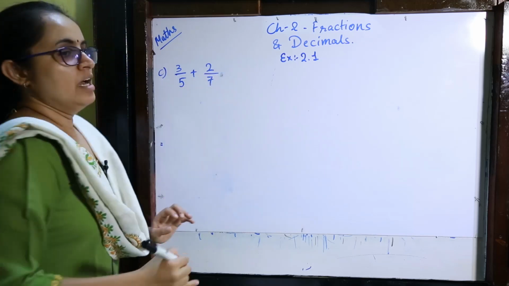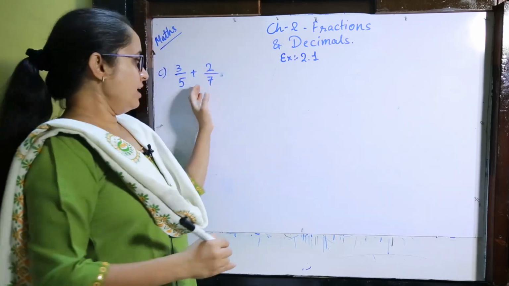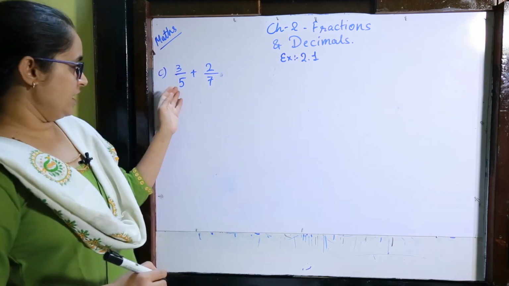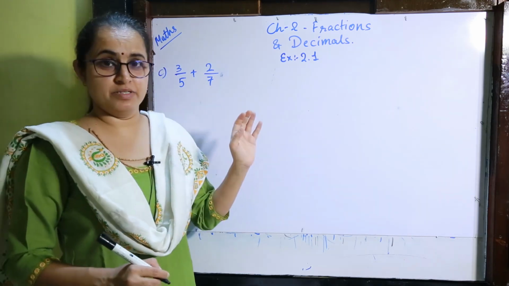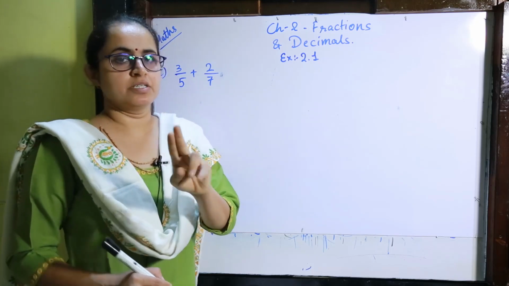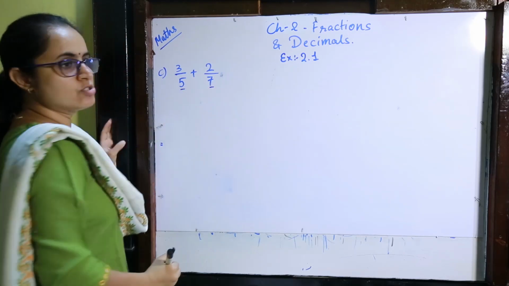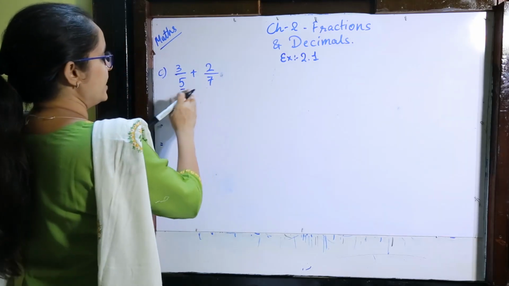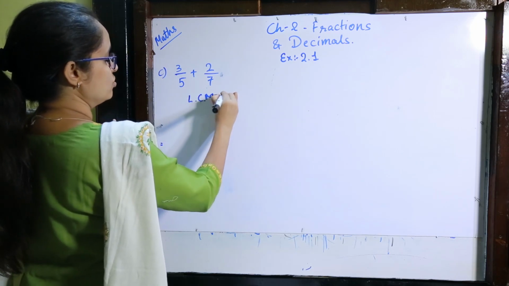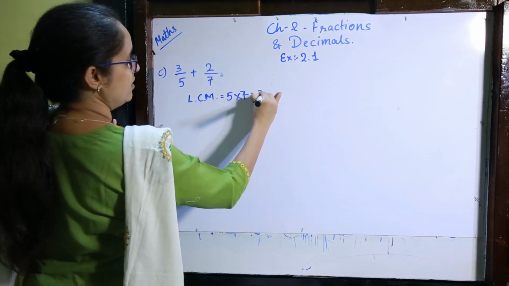Now children, you must have remembered that if the denominator has prime numbers, then to find out the LCM you have to multiply both the numbers. So here also 5 is a prime number, 7 is also a prime number. So to find out the LCM you have to multiply both the numbers, that is 5 7s are 35.